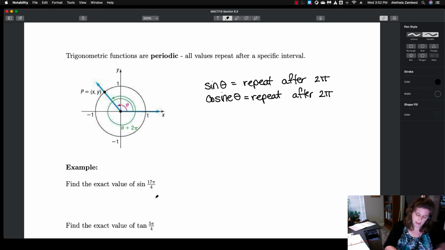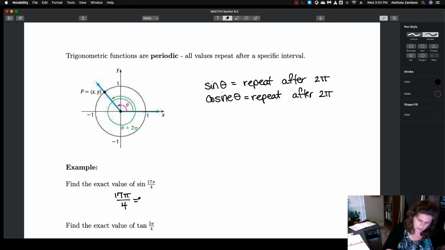So if I want to find the sine of 17 pi over 4, then I need to put that within the original unit circle and use the unit circle. So 17 pi over 4, in pi over 4s, then 8 pi over 4 gives me 2 pi, 16 pi over 4 gives me two revolutions of the circle.